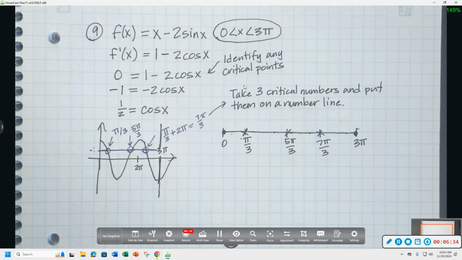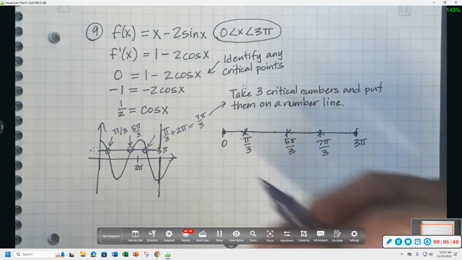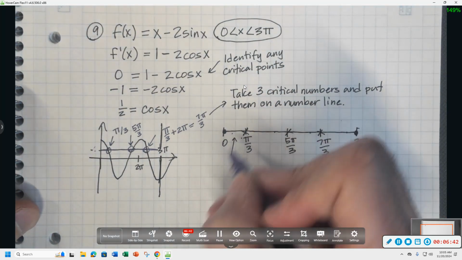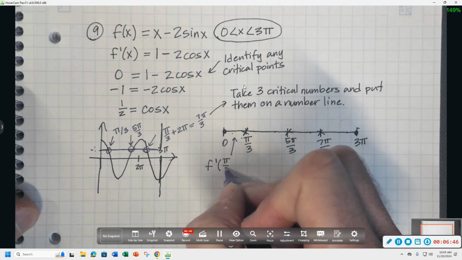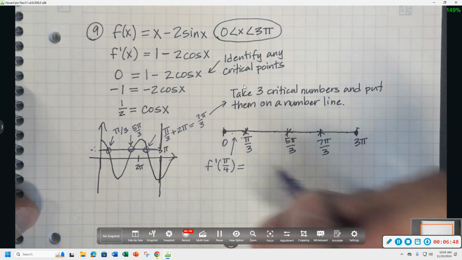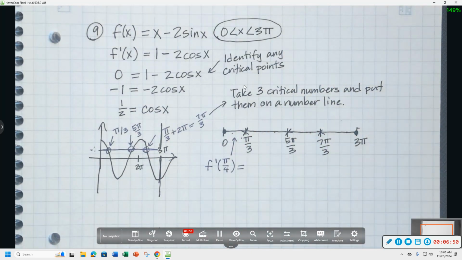Pi over 4, pi over 6, those are the only real options, right? So how about pi over 4? If I choose pi over 4 in this interval, I'm going to try and figure out what f prime of pi over 4 is equal to. Remember, I don't need to know what it is as an exact value. I just need to know if it's positive or negative.